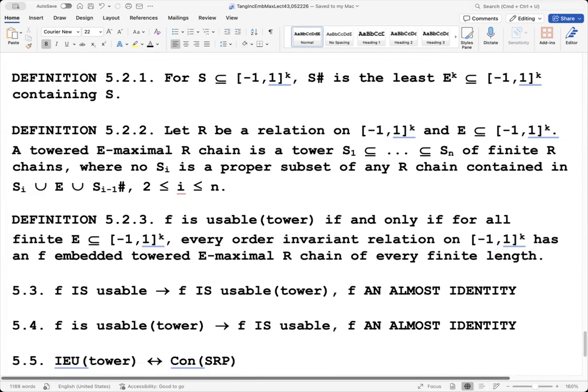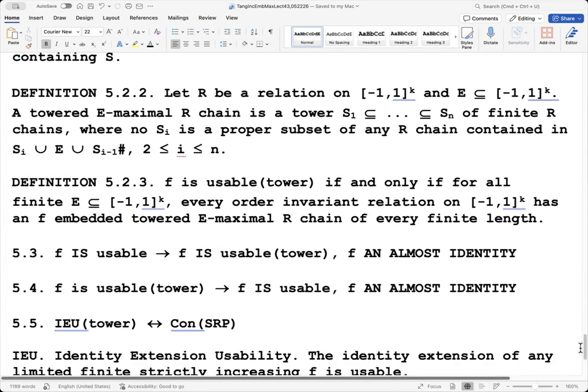I've done things like this before. If F is usable 3 tower, then F is usable. 2 tower, I'm a little suspicious of. I have to look at that again, but I think that I never really understood that. That would be a double tower. A triple tower is length 3.